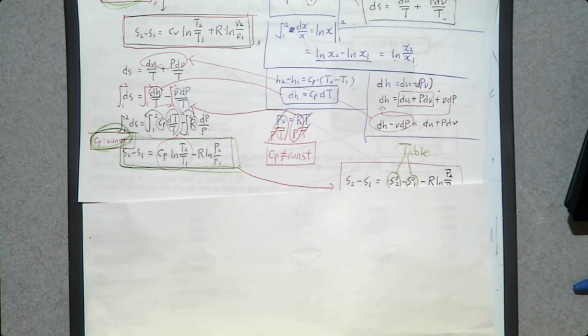You can make your system as close to an ideal system, which is a reversible system. How do we know when a system is reversible or irreversible? You can calculate the entropy change between the initial state and the final state.